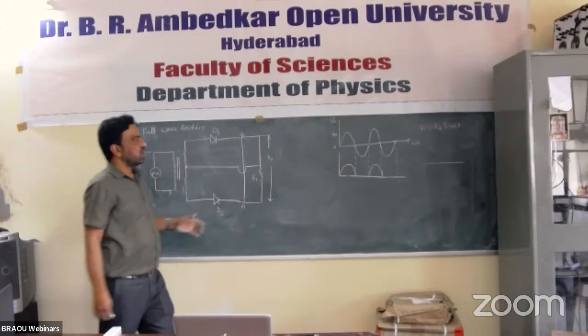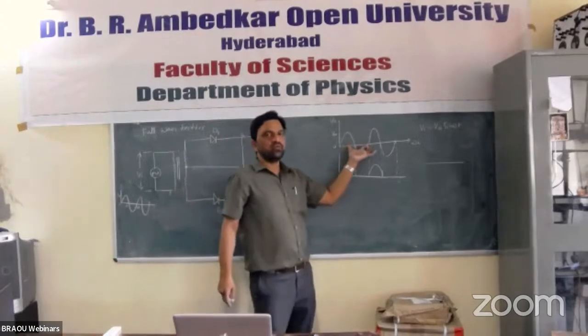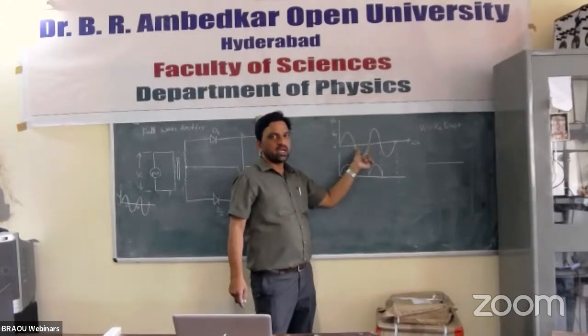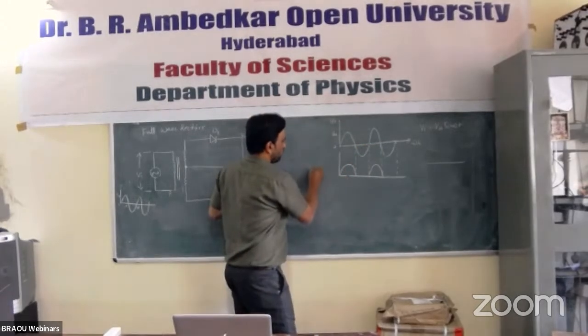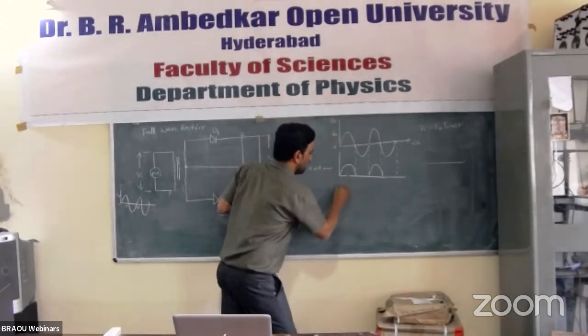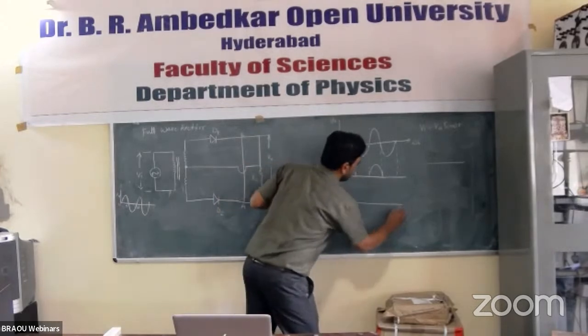So in this case, as I told, the input consists of a positive half cycle and a negative half cycle. This is the half-wave rectifier output, whichever we have. Then we'll move to the full-wave rectifier.